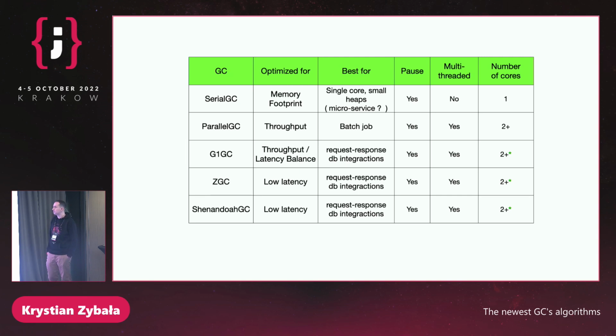But what is more important is that some of the algorithms require more cores. Of course, parallel GC requires more cores, but in ZGC, Shenandoah, and G1, this is a tricky situation because it depends on our heap size. We have to add additional resources. Sometimes 2 cores is not enough to work efficiently with that algorithm.